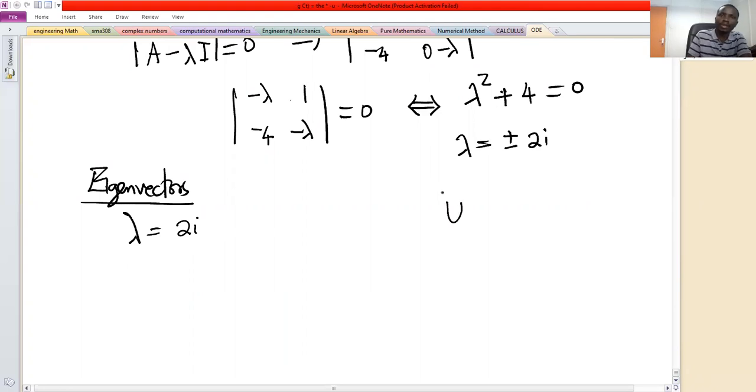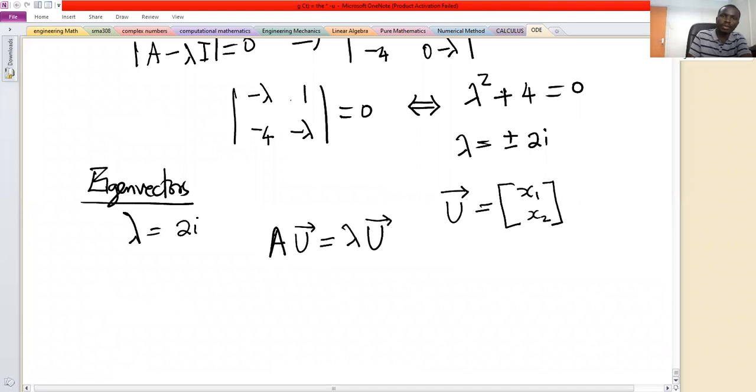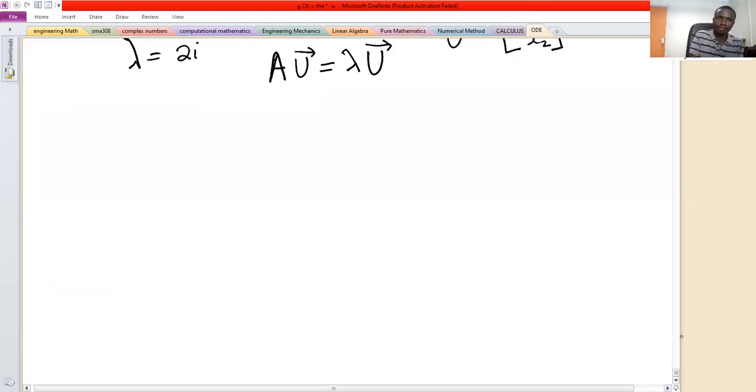Because we are dealing with a 2 by 2 matrix, then the eigenvector will be of the form x1, x2. Now we need to solve this equation, A u equals to lambda u. This is the equation that will help us to find the value of the eigenvector u.